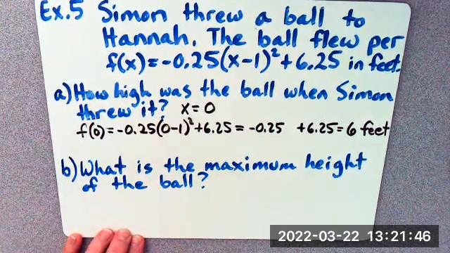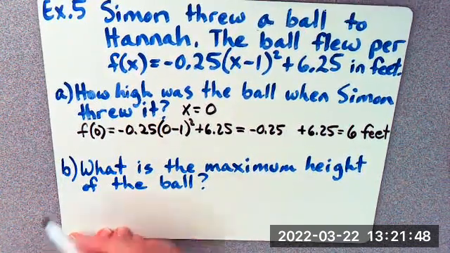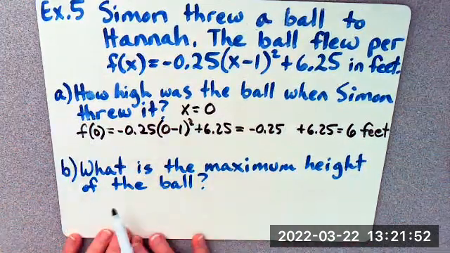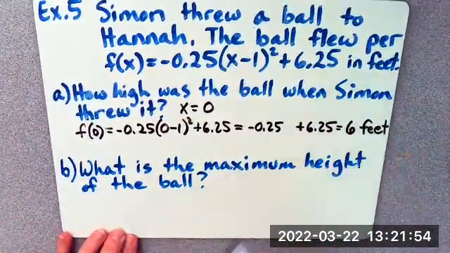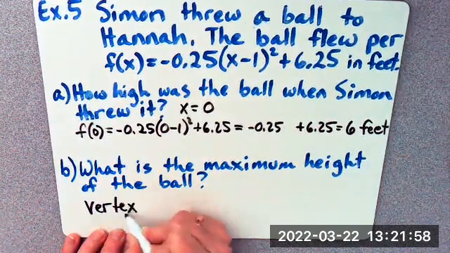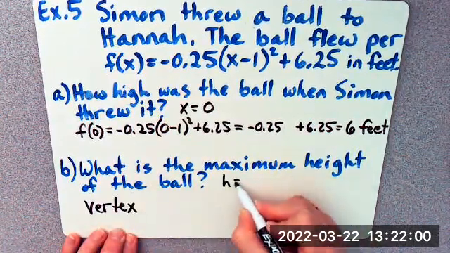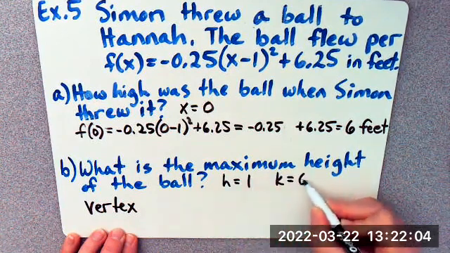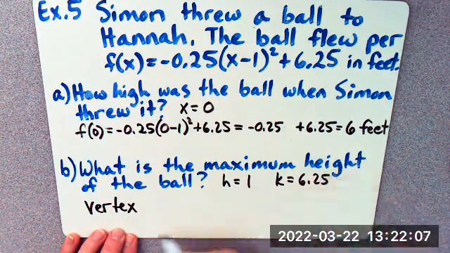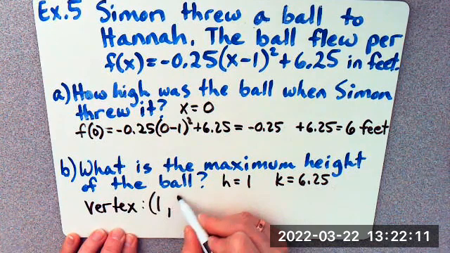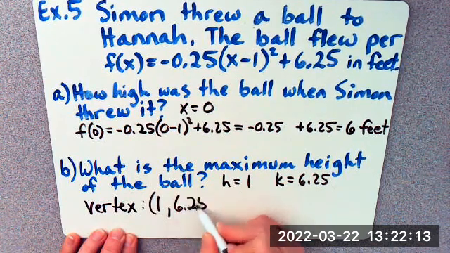So how high does the ball go? Well, he's not throwing it very hard. So the maximum height of the ball is where the vertex is. And we know the vertex because it's vertex form. So h equals 1 and k equals 6.25. So the vertex is at 1, 6.25.